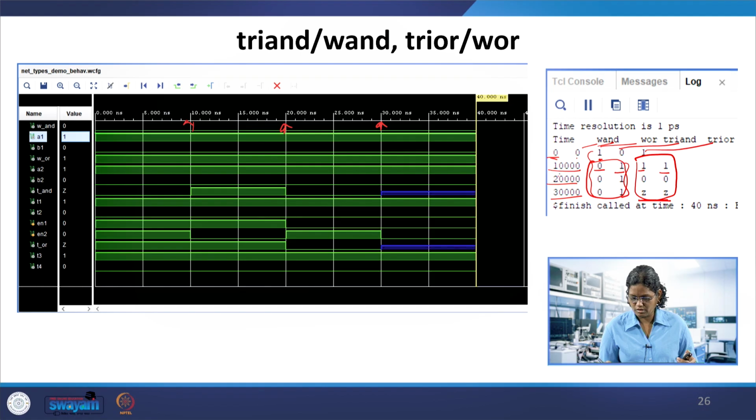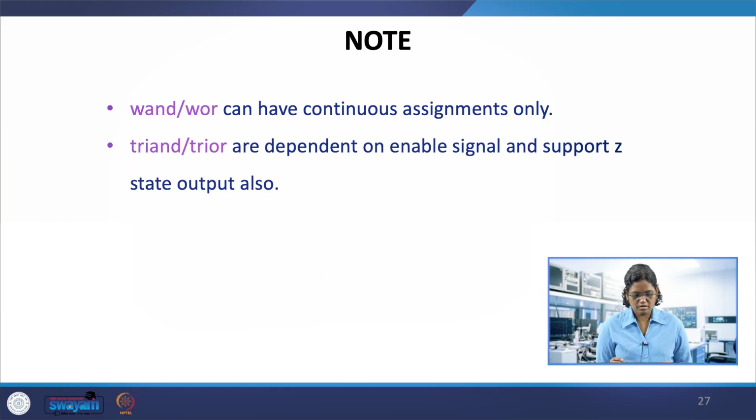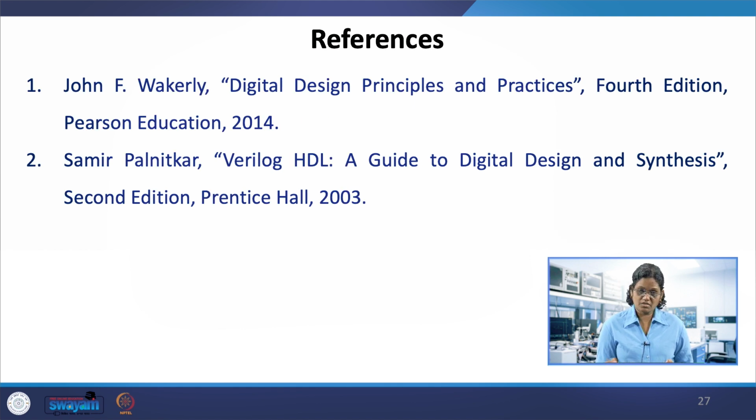So every 10 units of time it is getting incremented. You can view the corresponding T AND, W AND, W OR and also TR. We should note that wire AND and wire OR can have continuous assignments, while tri-AND and tri-OR also depend on enable signals and Z is supported in the output. Thank you.